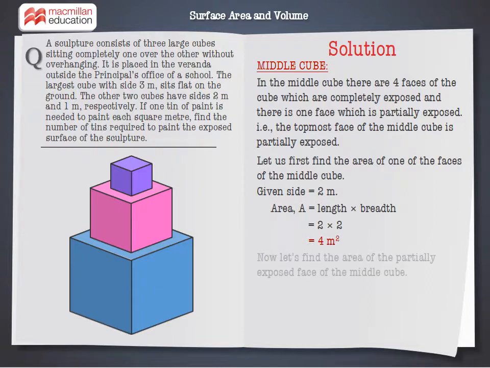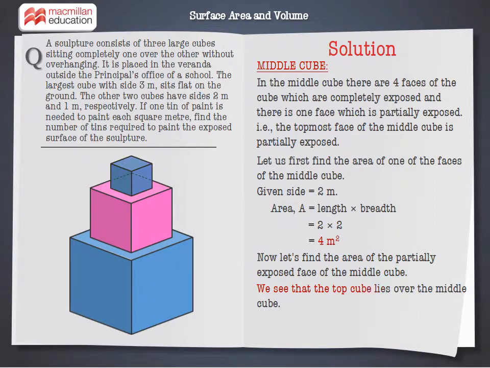Now, let's find the area of the partially exposed face of the middle cube. We see that the top cube lies over the middle cube. This means that the top face of the middle cube is obstructed by the top cube.